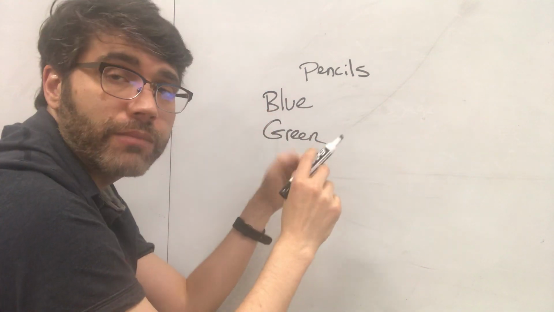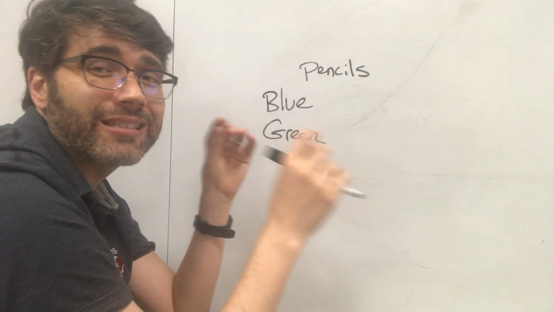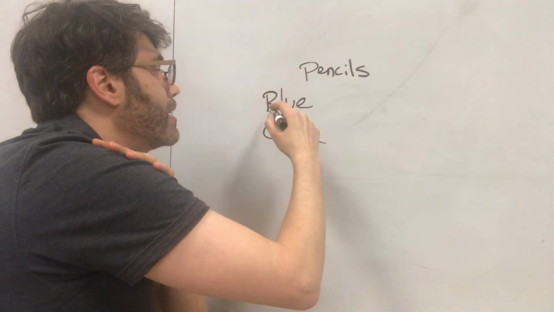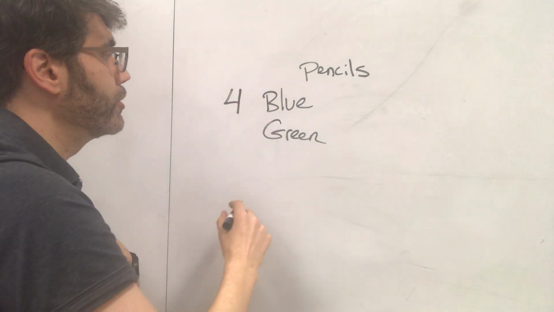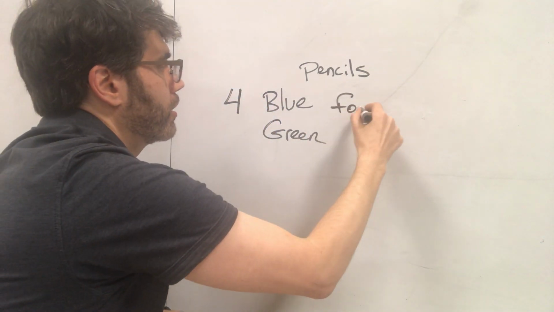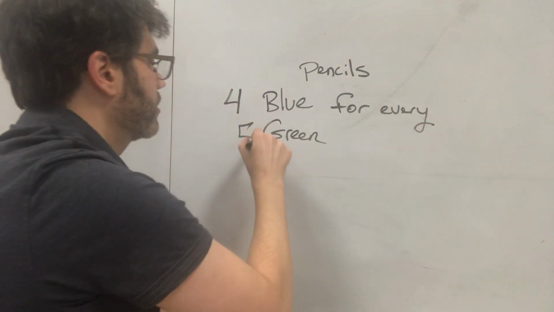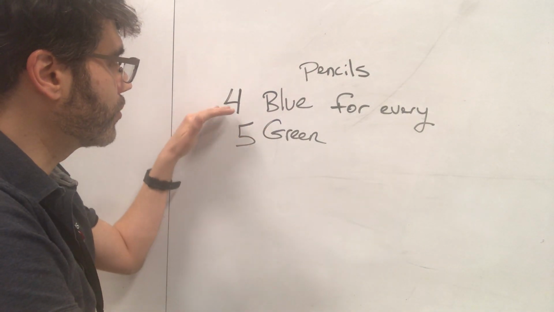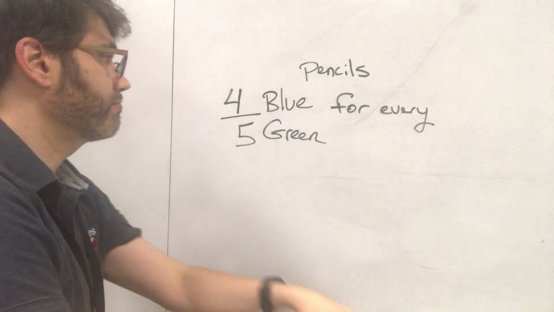We don't know how many blue and how many green we have or how many total we have, but we do know at least the relative ratios of them. So we have 4 blue for every 5 green, okay? So the ratio of blue to green is 4 to 5, okay?